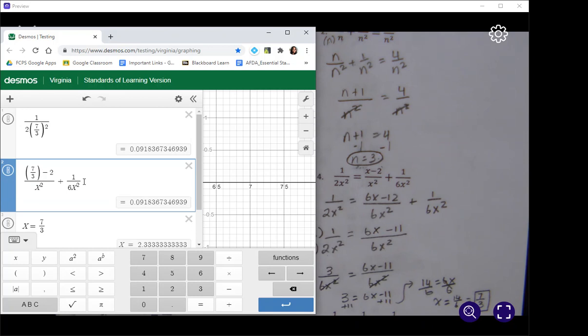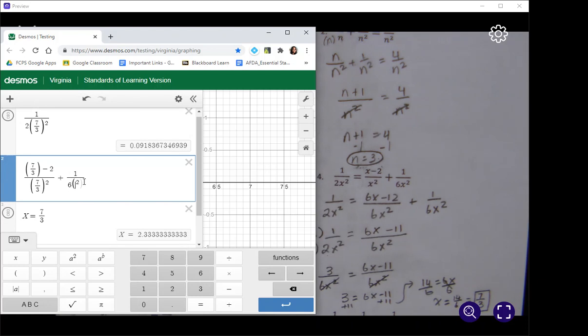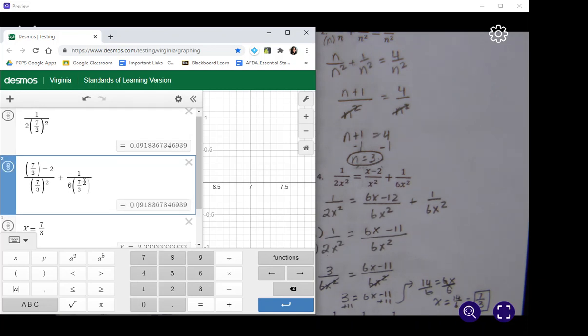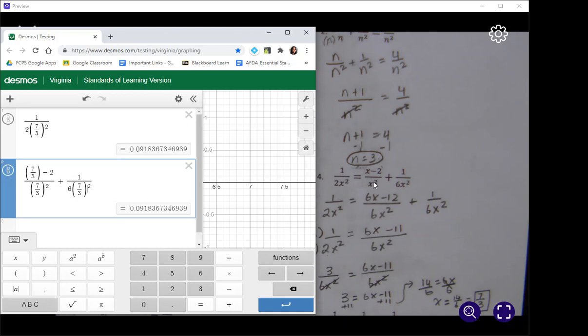Then change that, 7 over 3 squared, and this is 7 over 3. There we go. Yep, both of the sides equal each other when I plugged in 7 over 3 into all of my x's here. So that equals each other, which means it is correct.